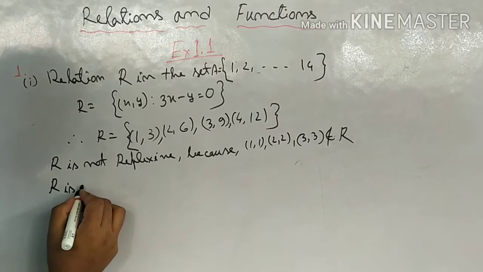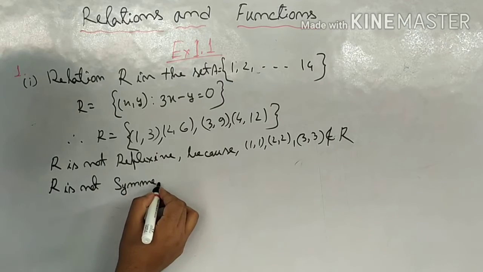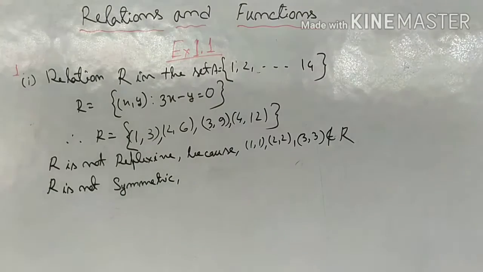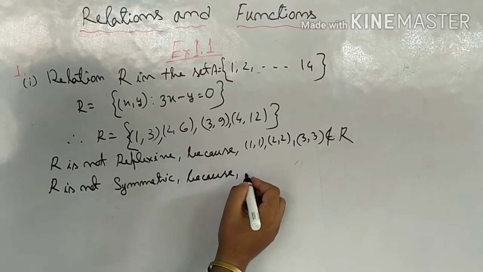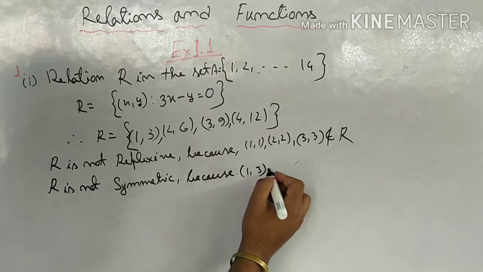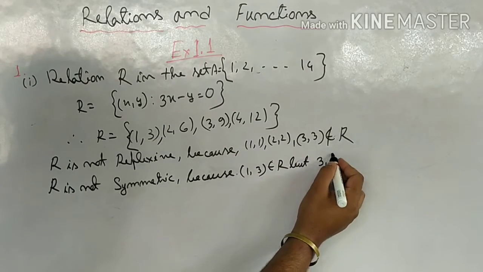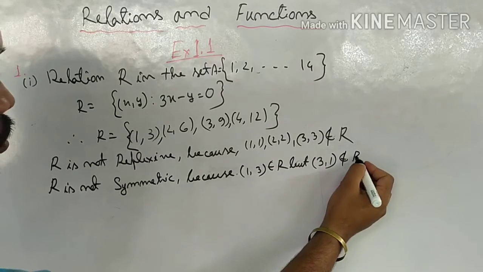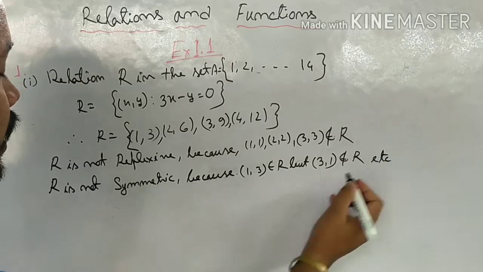Next, R is not symmetric because (1, 3) belongs to R, but (3, 1) does not belong to R, and so on.